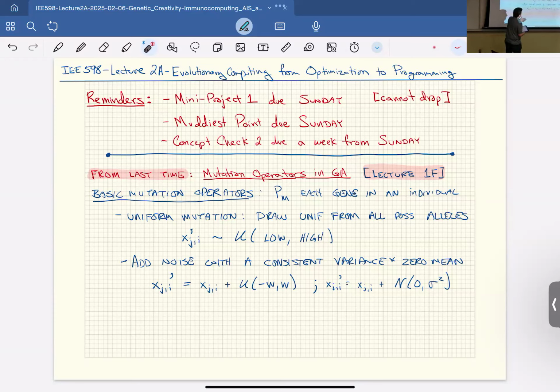And so maybe at the beginning of your algorithm, you want a large variance in your mutation steps, a large step size. But maybe as the algorithm goes on, you assume that they're going to find regions of high fitness, and then you don't want them to hang around there and fine tune.